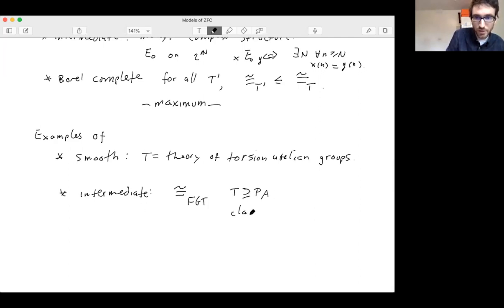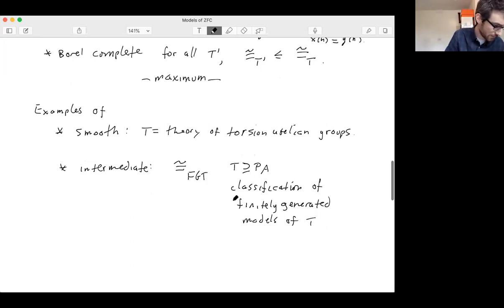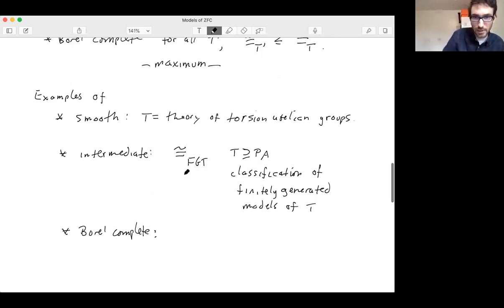This is the classification of finitely generated models of T. Okay, and examples of Borel complete. So problems which are utterly intractable, the classification of T contains PA. We'll talk about that one in a few minutes.